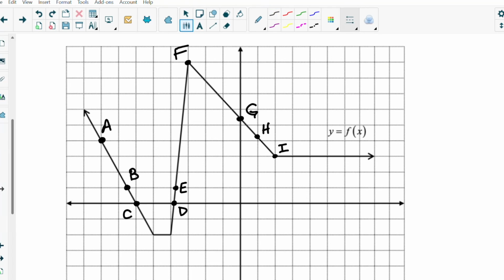Okay, and then let me, point A is -8, 4. Point B is -6.5 and 1. Point C is -6, 0. Point D is -3, 8.